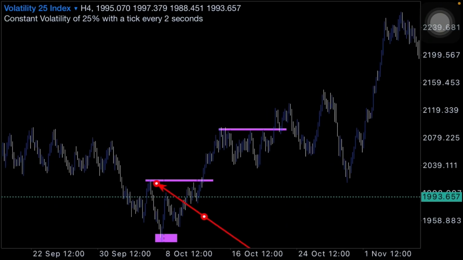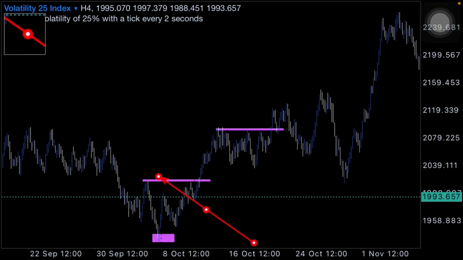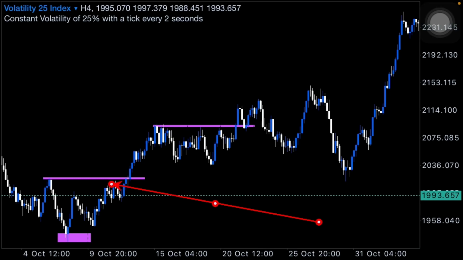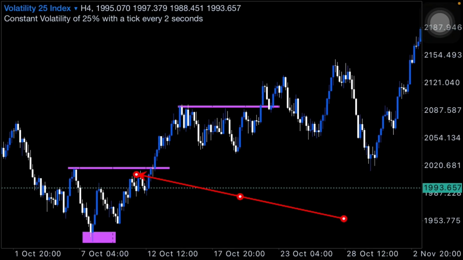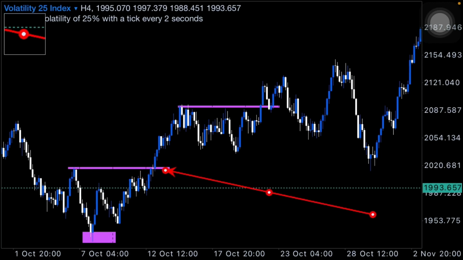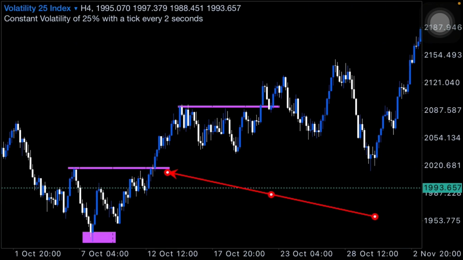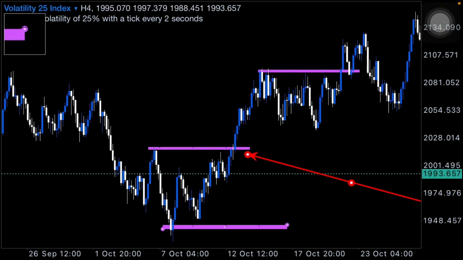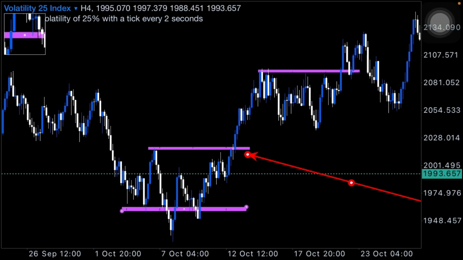Did the market break any high or swing high or low that leads to a change of character? Because that way you will know whether you have to look for a sell position or a buy position. Then again, if the market is breaking to change its direction, did it sweep liquidity before changing its direction?